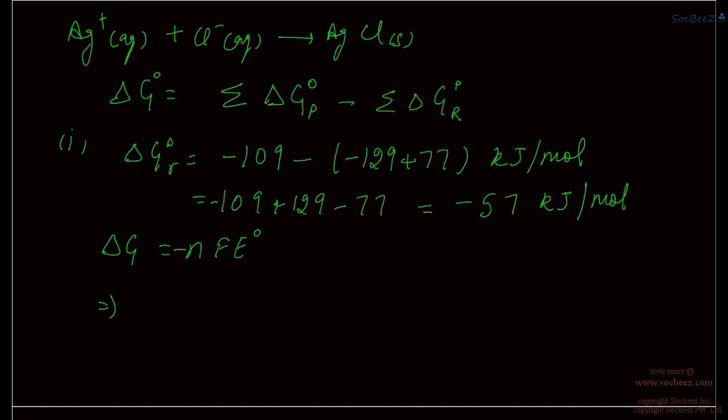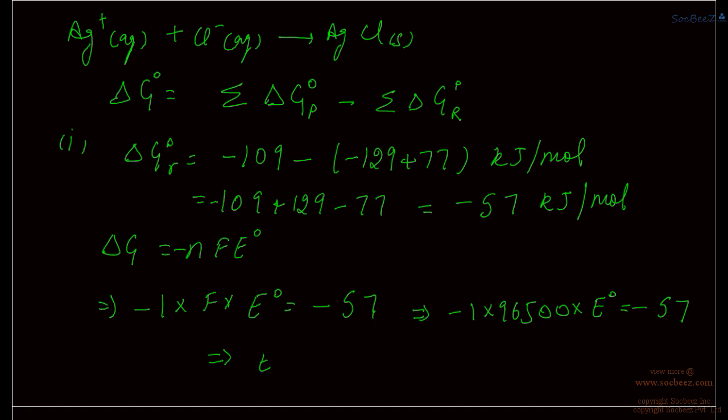Now, since we know that delta G equals minus nFE naught, and since one electron exchange is taking place, therefore minus 1 into F into E naught equals minus 57. So minus 1 into 96500 into E naught equals minus 57.